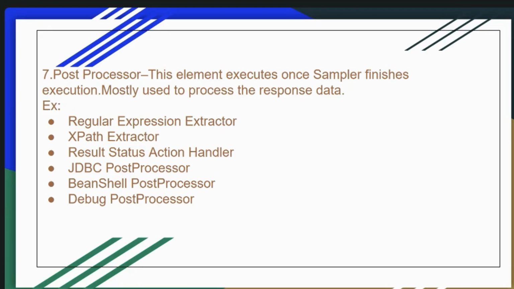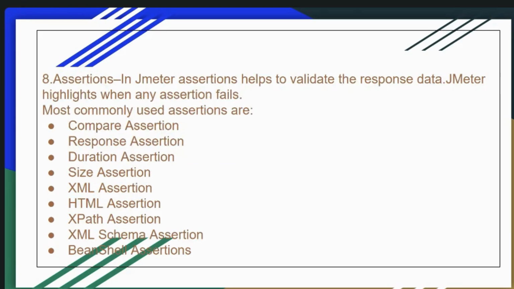That is what I just told. If we are creating something and after clicking the submit button we get some modal or success message, then to catch that success message we need to use this post processor action, so that we can catch hold of it and validate it against our expected result.